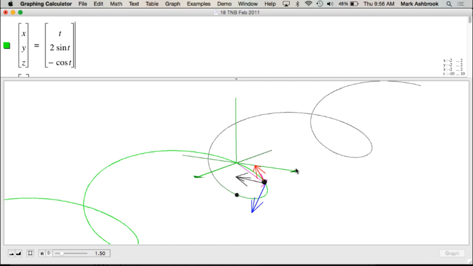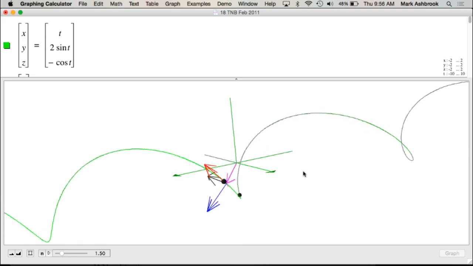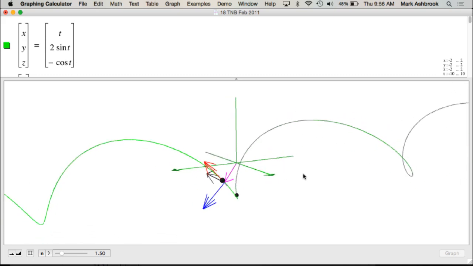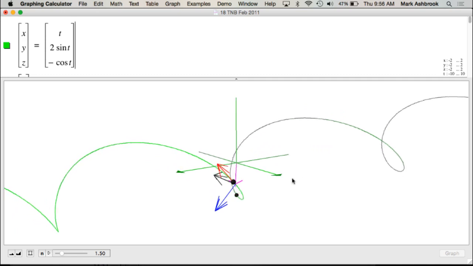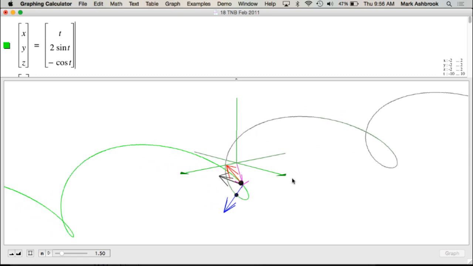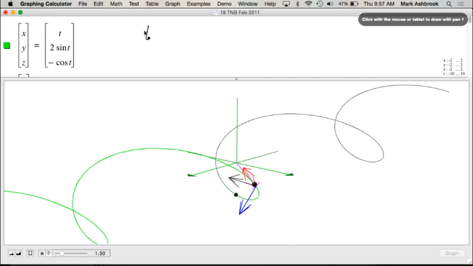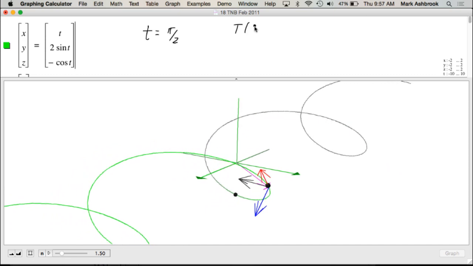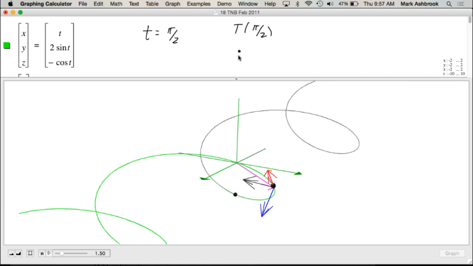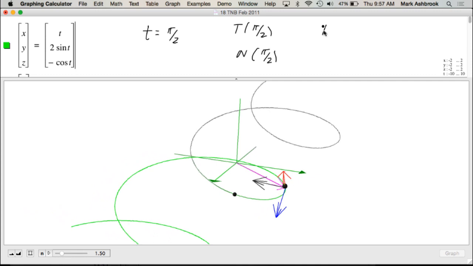Kind of like what we just did. So if I can maybe get this thing spinning really slow. So this is t equals pi over 2. Find T of pi over 2, N of pi over 2, and B of pi over 2.